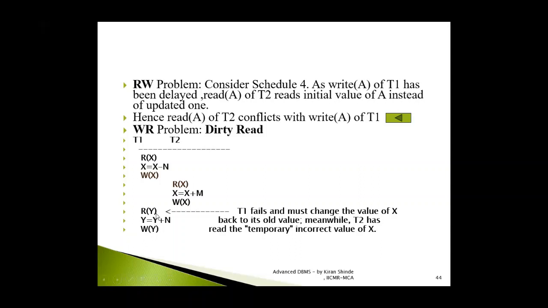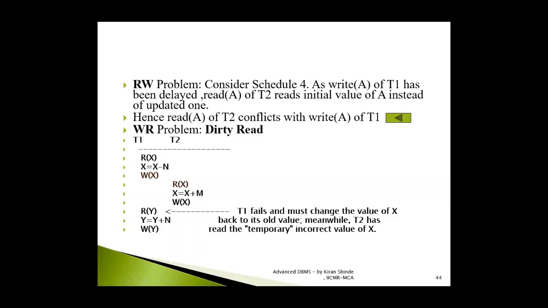Okay. Now, after that, the leftover part of T1 has started, but it so happened that at this particular moment, T1 failed. It can happen because of any kind of reason, logical error, software error or hardware error. Any kind of failure can happen in between. So let us assume that at this moment, T1 has failed.